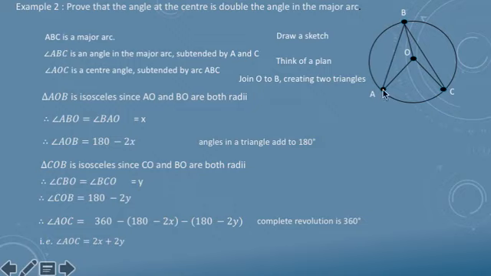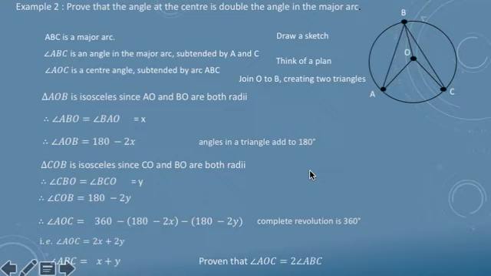Then we can define angle ABC, because we said this was x on this side and this was y. You might not be able to see that behind the bits of the PowerPoint. So angle ABC is x plus y, and AOC is 2x plus 2y. So therefore, we have shown that it is double.